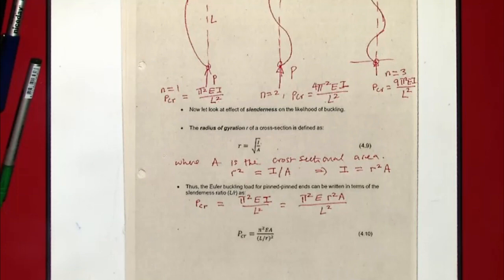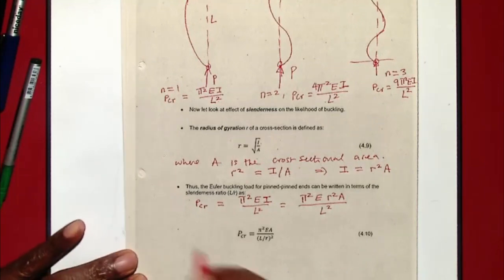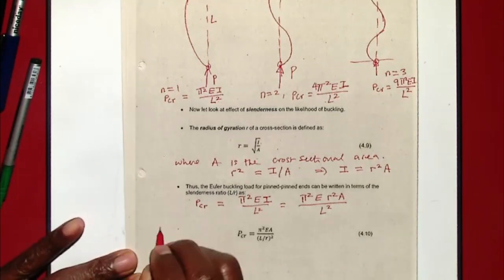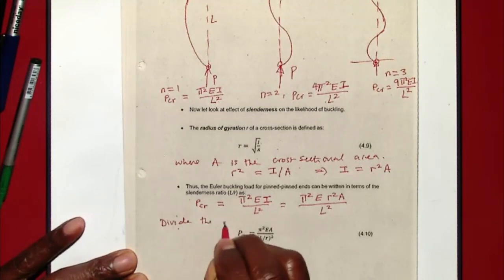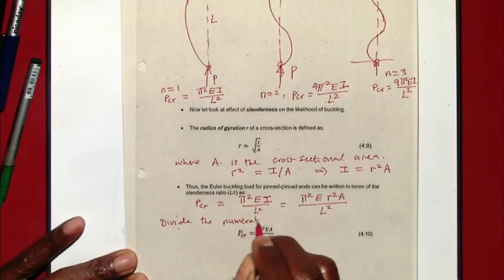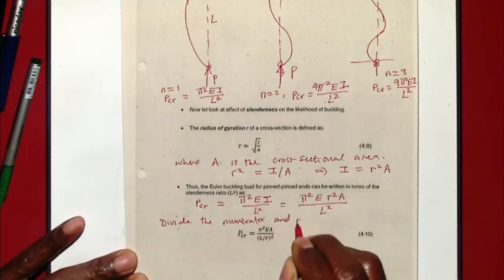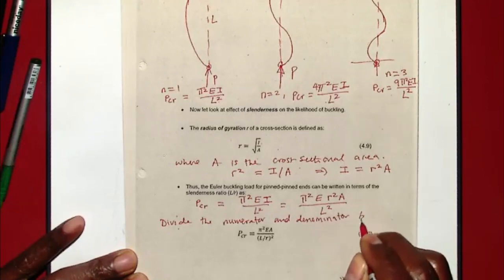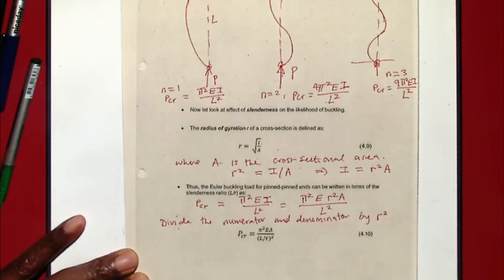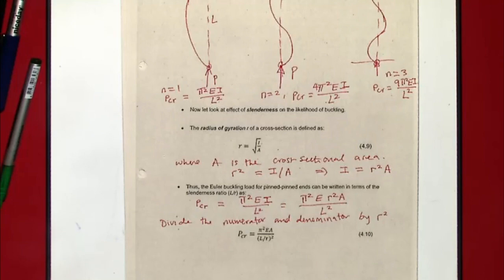If I divide both top and bottom by R squared, I will get equation 4.10.